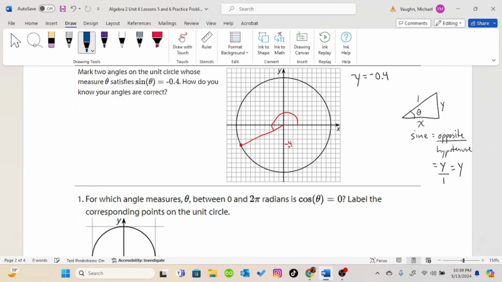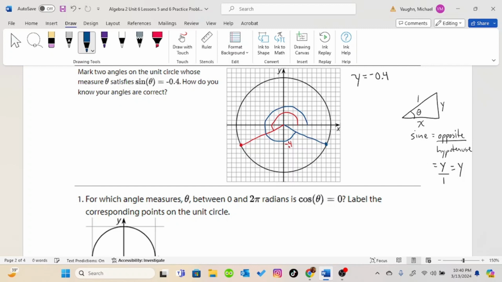Next, if this is negative 0.4, I go out to the right and I have my point right here. And now I can draw the line that connects it to the origin. And this angle comes all the way around until it hits this line.